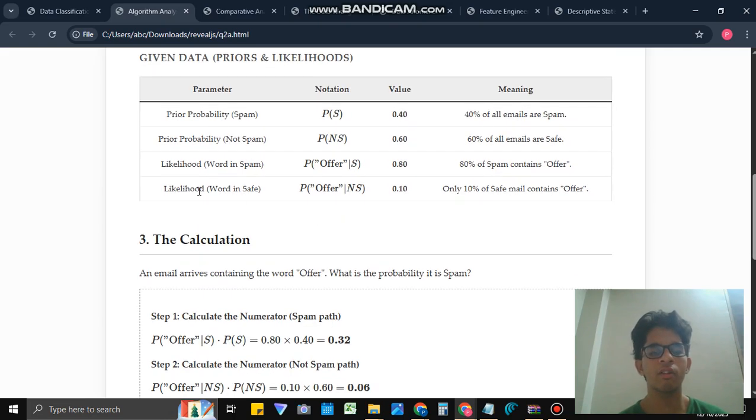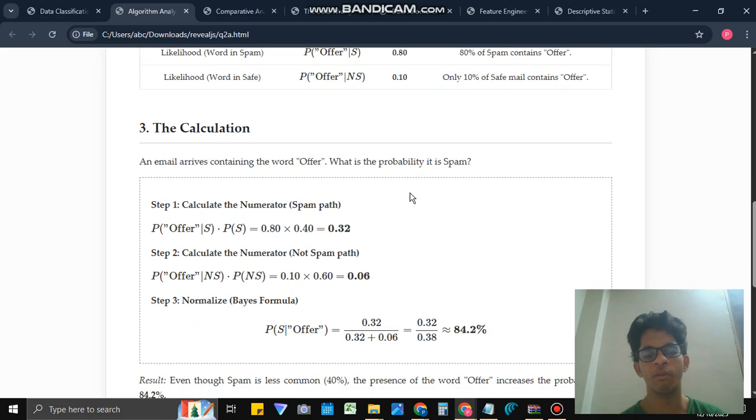So we calculate the likelihood using conditional probability, that is probability of offer given that the mail is spam, it's 0.80, and the likelihood, that is the probability of offer given that the mail is not spam, is 0.1.